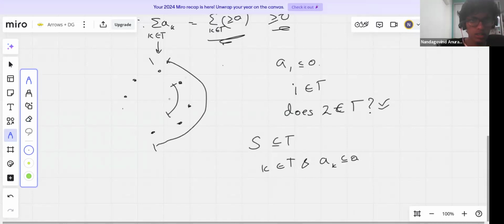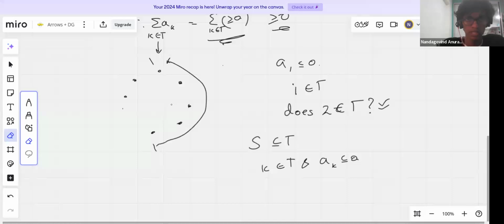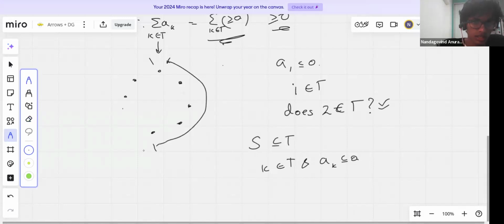So what we just want is maximal arcs. Basically, ignore arcs inside. I consider a set of arcs so that every AK less than 0 is in some arc.